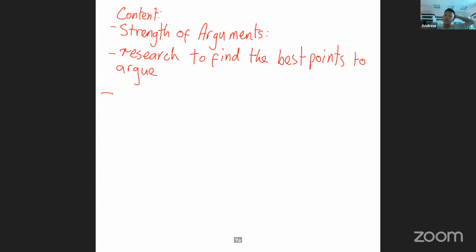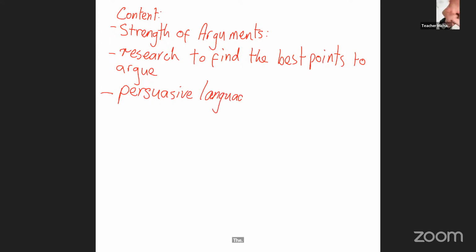So we can use different words to strengthen our argument, such as, in my opinion, I strongly believe, or considering the arguments. Very good. So we can use persuasive language. Good. We can use persuasive language.